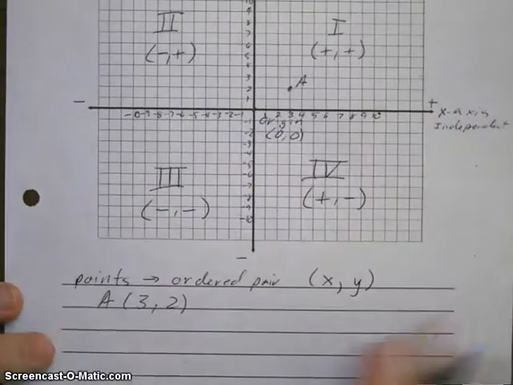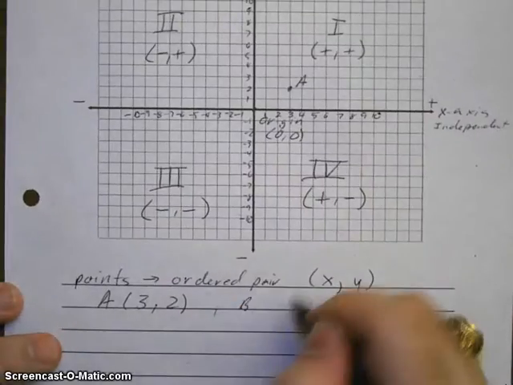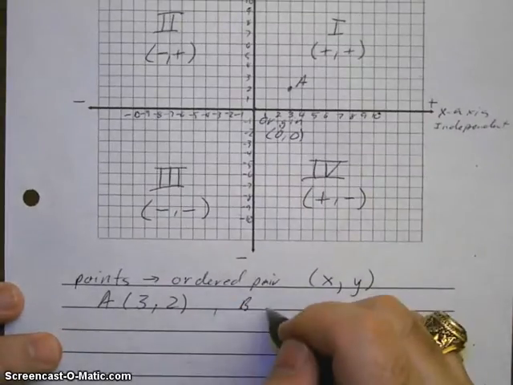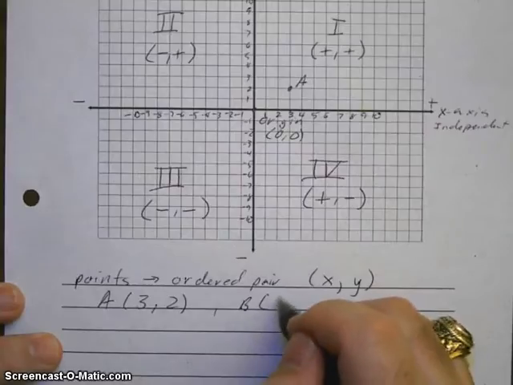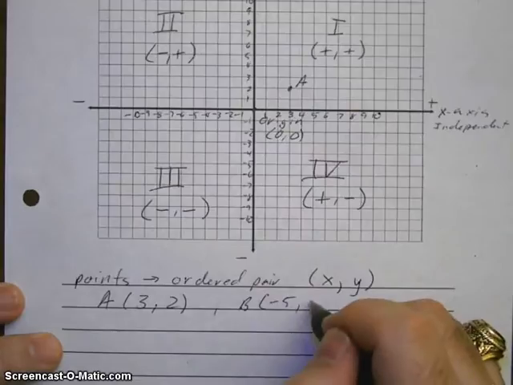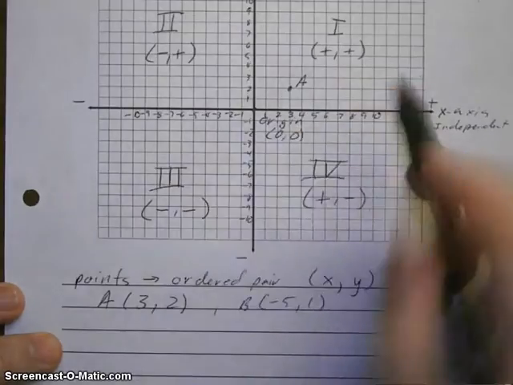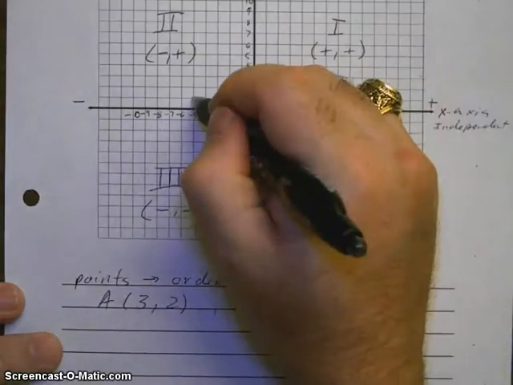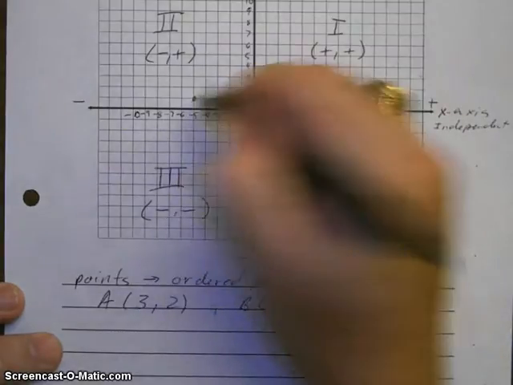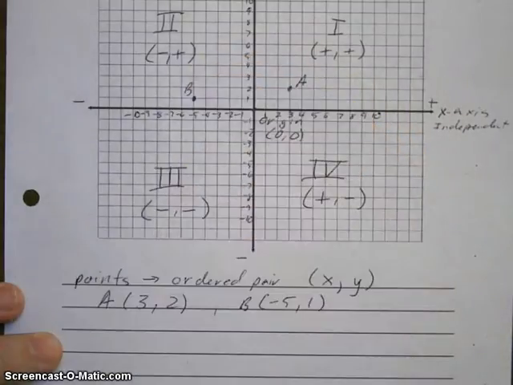If I wanted to plot the point B, if I said that B was negative 5, 1, then it would start at 0, 0 again and go 5 in the negative direction for x and up positive 1. So there's point B right there.